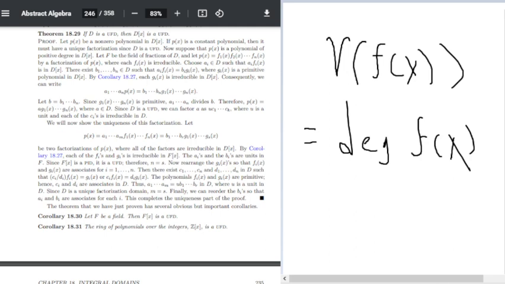Hence, ci and di are associates in D. Thus, a1 all the way to am is equal to u b1 to br in D, where u is a unit in D. Since D is a unique factorization domain, m is equal to r. Finally, we can reorder the bi's so that ai and bi are associates for each i. This completes the uniqueness part of the proof.